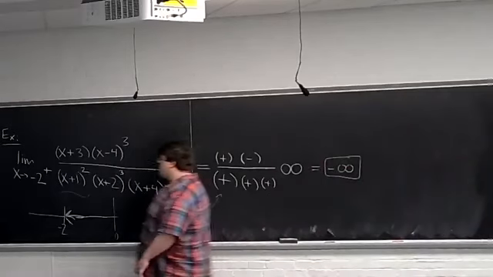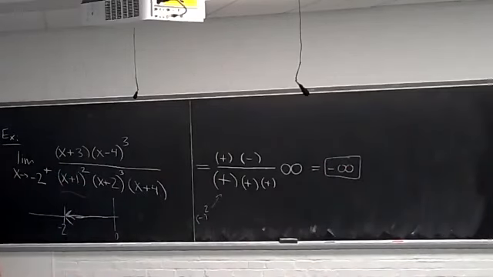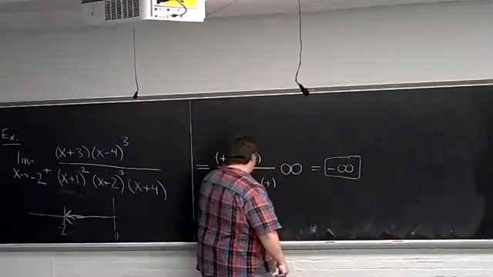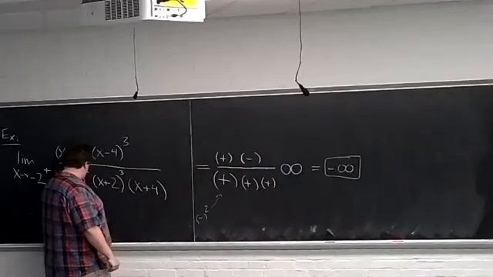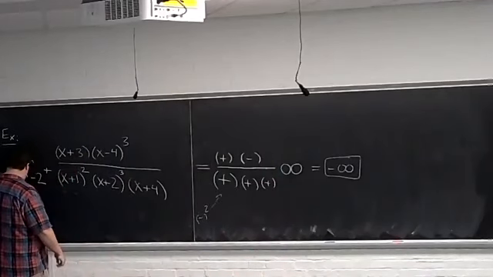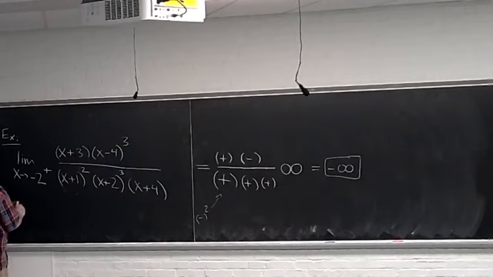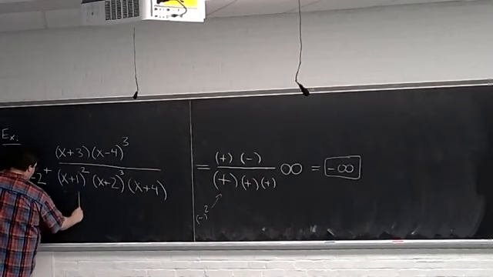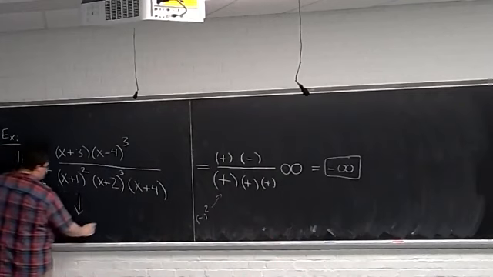Another thing worth observing here, we won't do this example. Well, I won't do this example, but it's worth checking later today. If I ask the limit as x approaches -2 from the left of that function, I will tell you it's positive infinity.